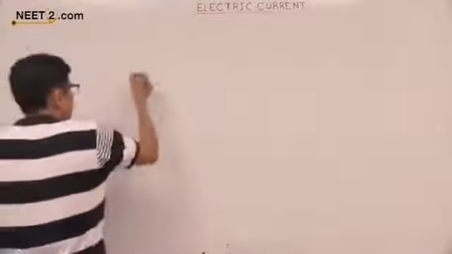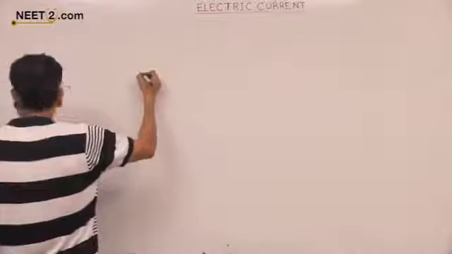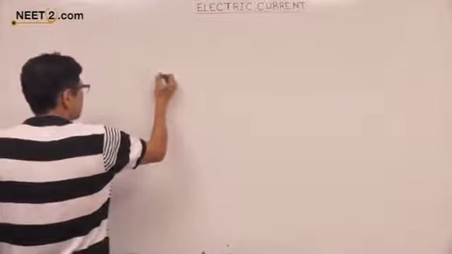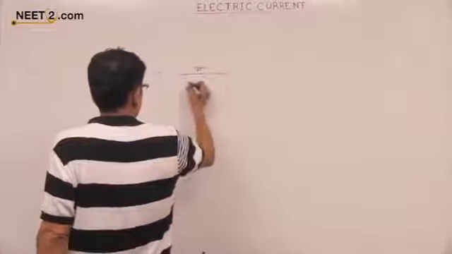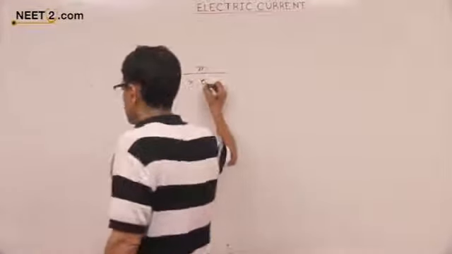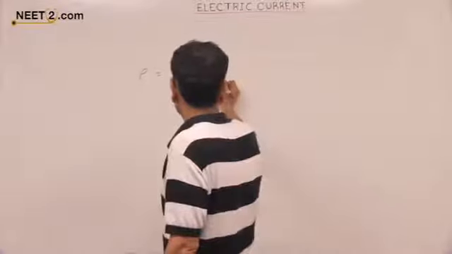Another thing is, this result you should know: the resistivity is given by m over n e square tau.